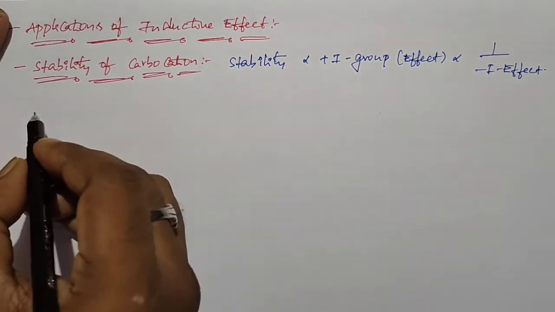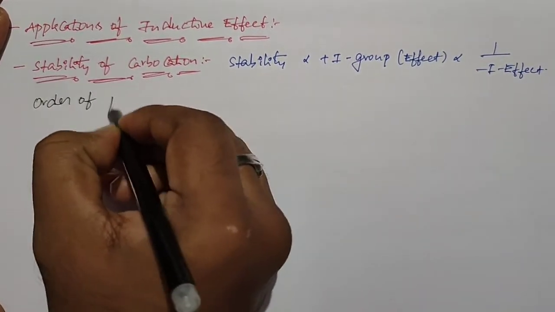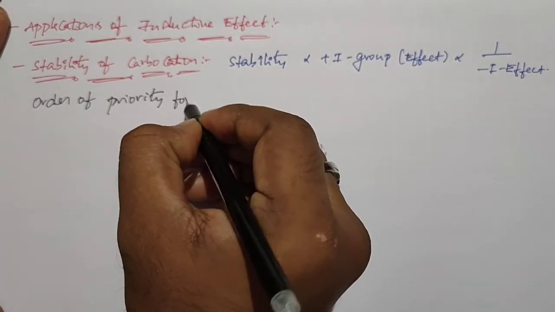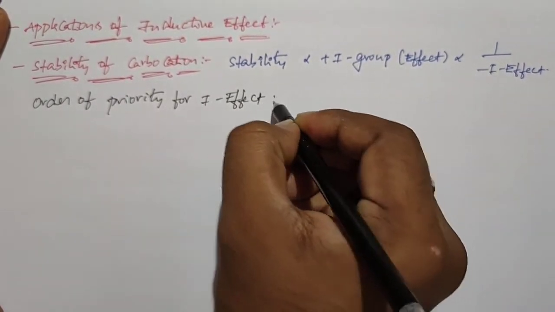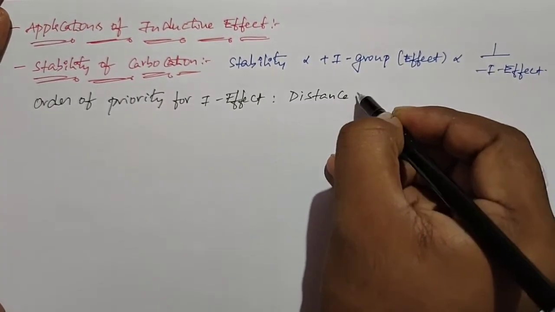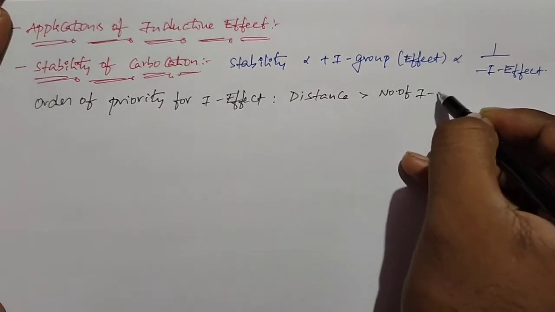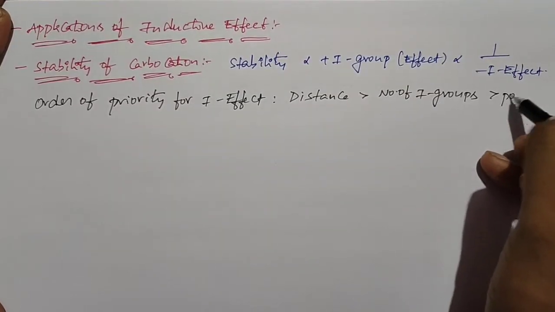So here the order of priority for I effect is: high priority for distance, then the number of I groups, and at last the power.